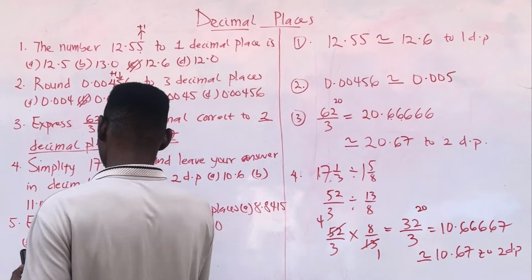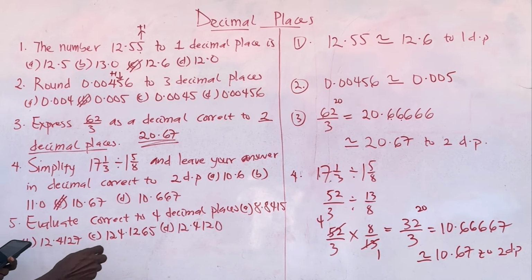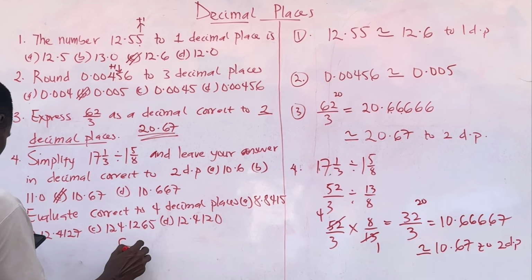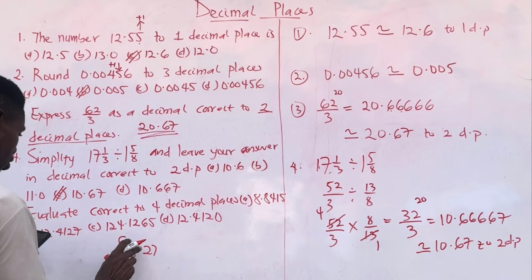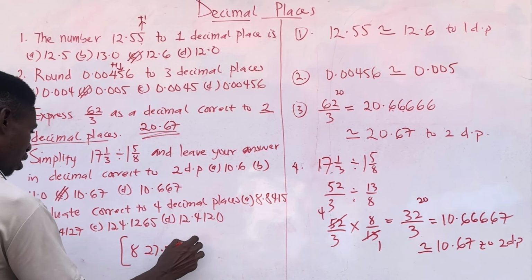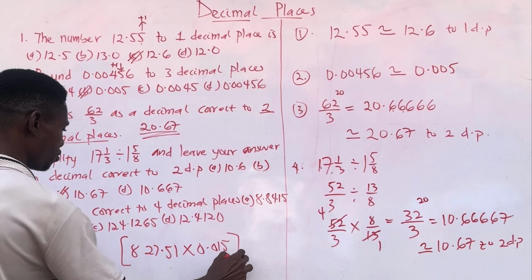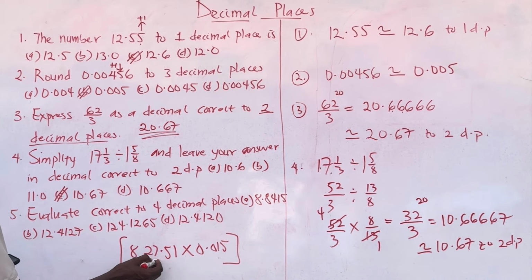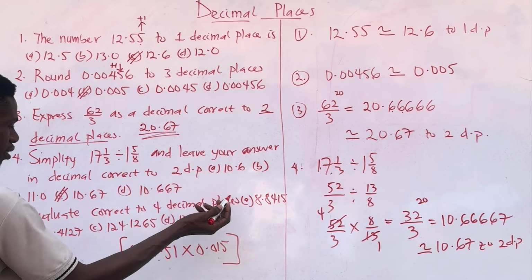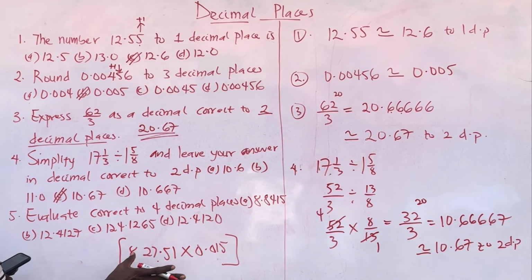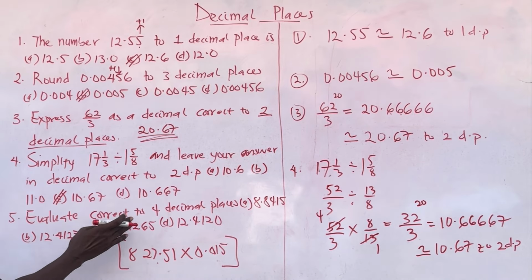Okay, so the question says we are evaluating 827.51 multiplied by 0.015, to 4 decimal places. So multiply them, and remember to do your decimal places thing, and then pick your option.